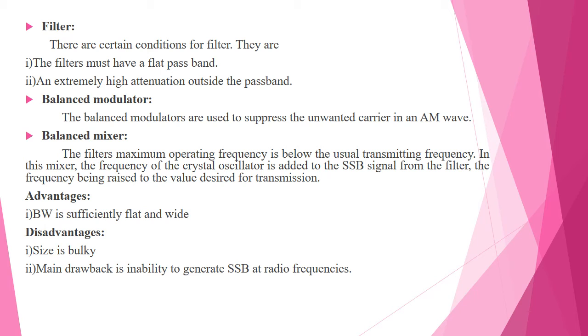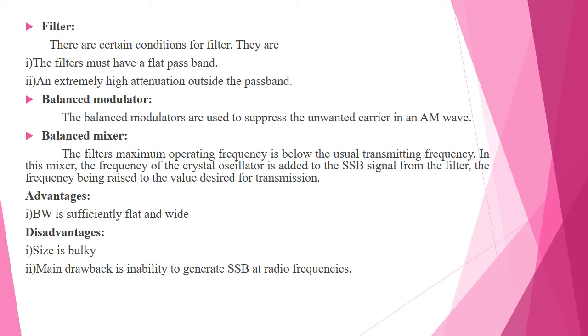So in this mixer, the frequency of the crystal oscillator is added to the SSB signal from the filter. Then it will raise the values for transmission purposes. Okay, so the frequency is boosted up to the transmitter frequency by the balanced mixer as well as the crystal oscillator. This process of frequency boosting is also called up conversion.